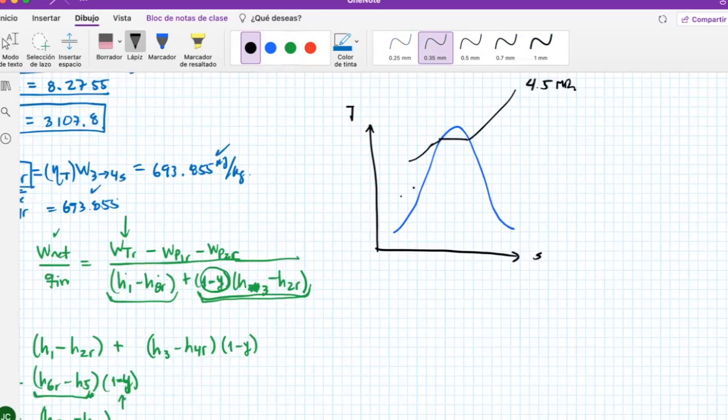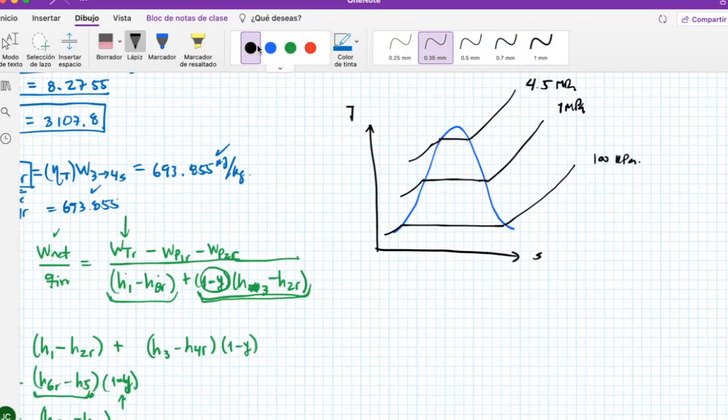I have an intermediate pressure, which is 1 megapascal, the reheat pressure. And I also have a really small pressure, the minimum pressure of the requirement, which is 100 kilopascals. So those are my three pressures there.